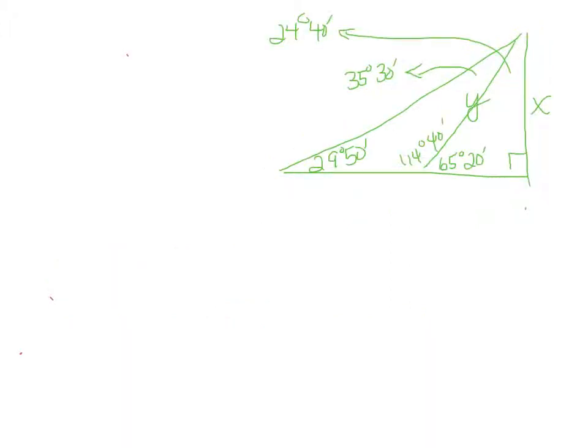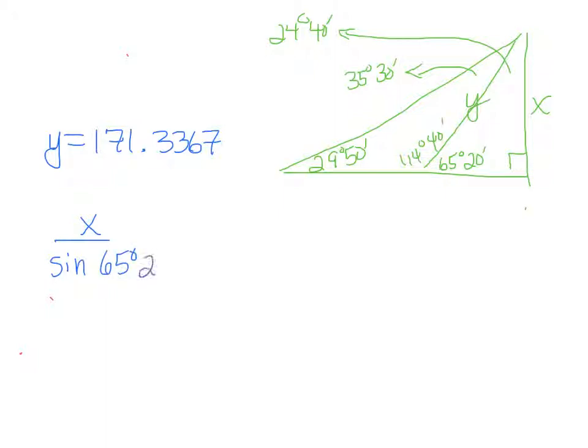Now we're going to solve for x. So we're going to set up another proportion using law of sines again. In this case, we're going to do x times the sine of 65 degrees, 20 minutes, and set that equal to our y value, 171.3367, over the sine of 90.